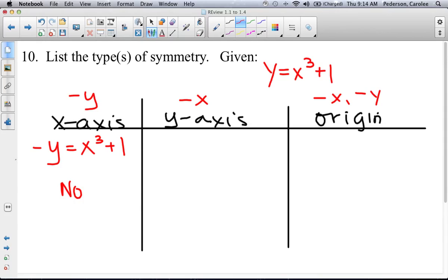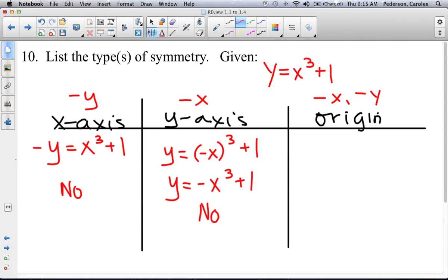So we replace the x with negative x. So we have negative x times negative x times negative x, negative x cubed plus 1. Did I get the original equation back? No, so that also doesn't have y-axis symmetry.